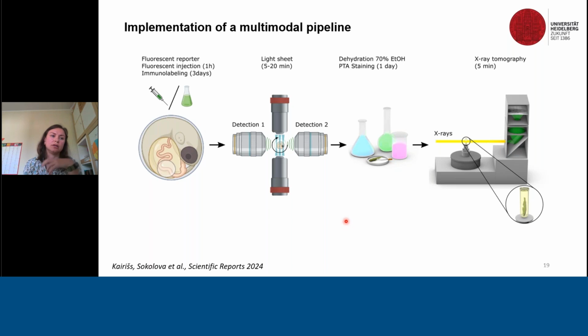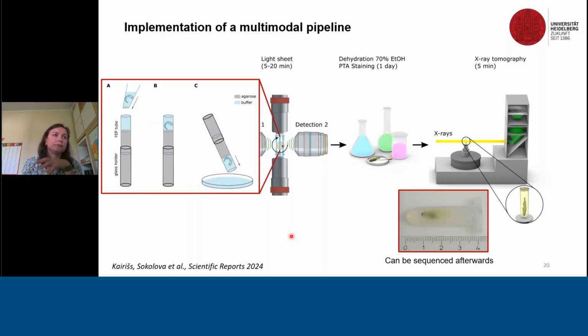What was also important for us is that typically the specimens for light sheet microscopy are embedded in low melting agarose. Because we want to go through more specimens and not unmount or take out the specimens individually for the X-ray tomography scan, instead of mounting them in an agarose tube, we just put them on an agarose pillow.